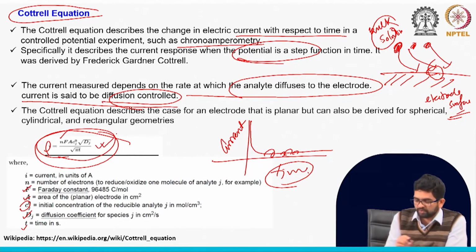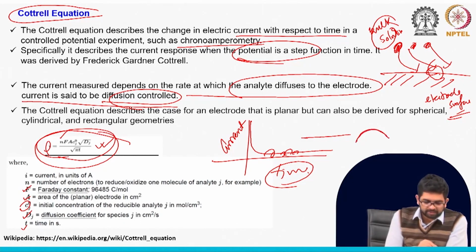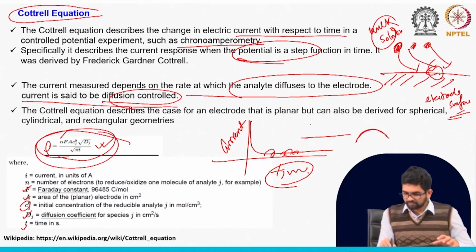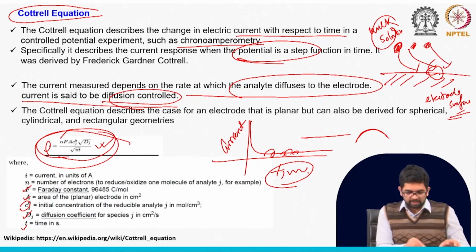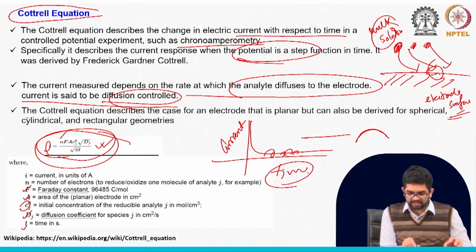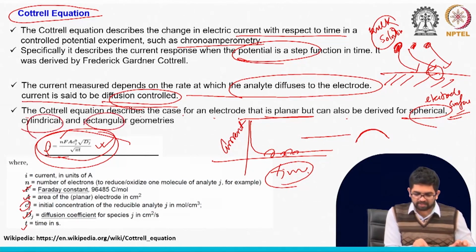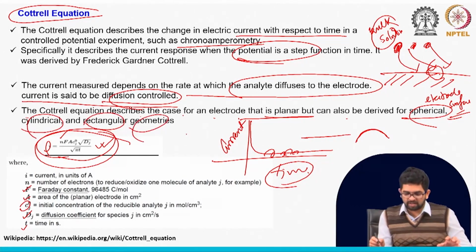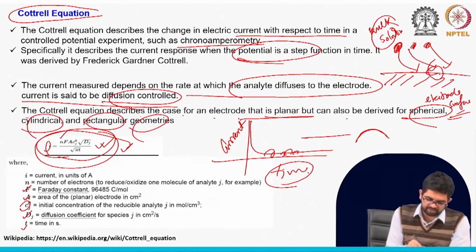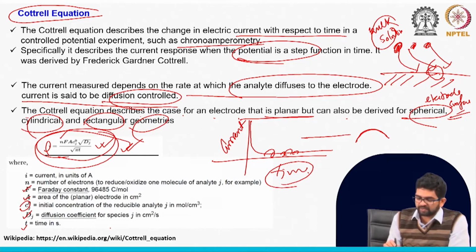One important thing in the Cottrell equation is that it describes the case for a planar electrode, but it can also be derived for spherical, cylindrical, or rectangular geometry. It means if your surface is different or some different kind of reactions happen, everything can be explained through these equations, and there is a possibility of change of the current.